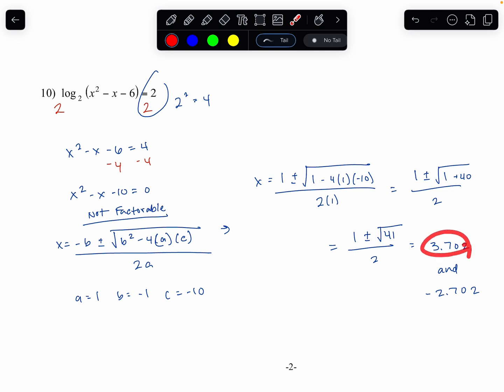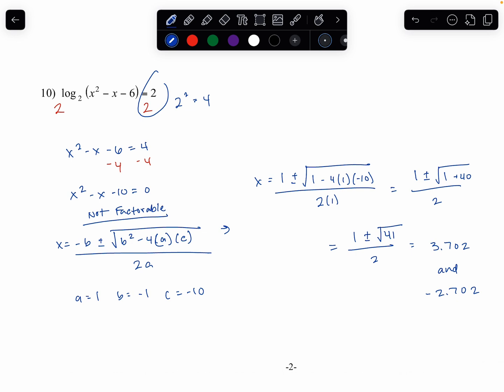Whenever I plug this in, by the way, in my calculator, I get 4. So I get log base 2 of 4 equal to 2. And this is true because if I have 2 squared, that's going to equal 4. So that is true. And then let's try doing this other number right here.